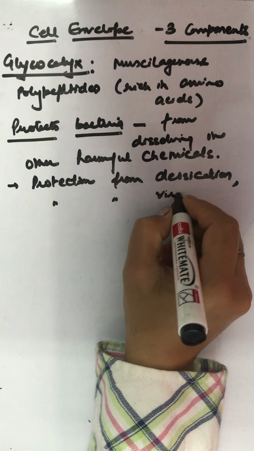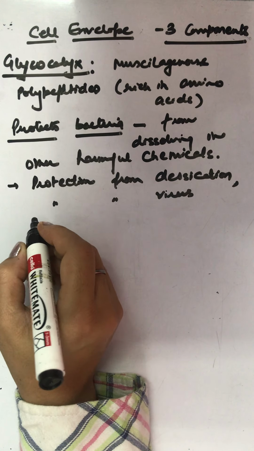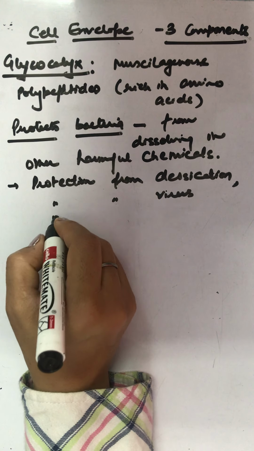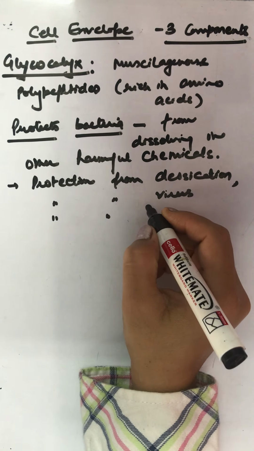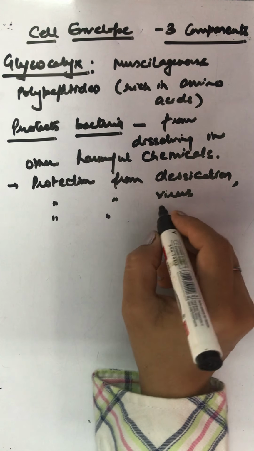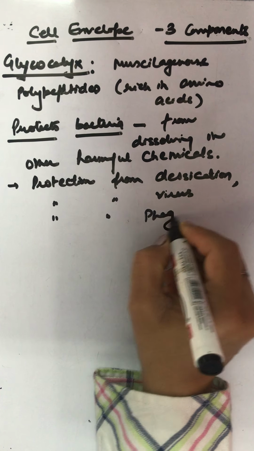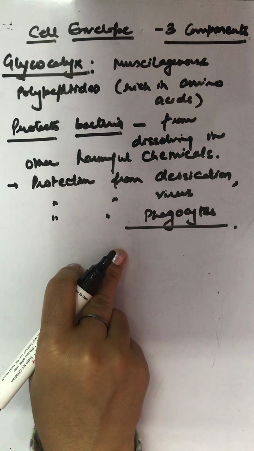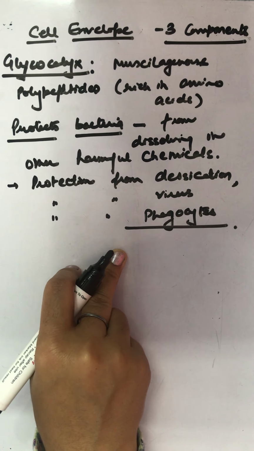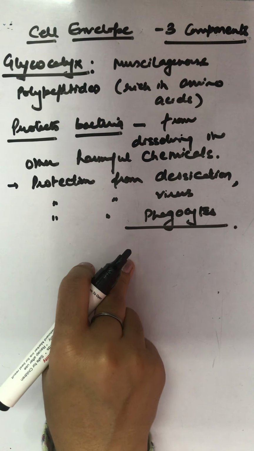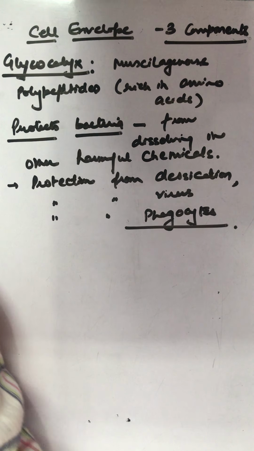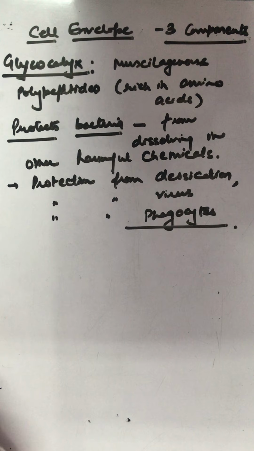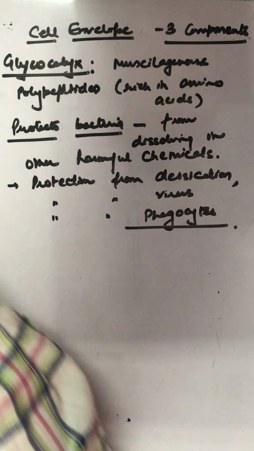This is the glycocalyx. It is sticky, which allows the bacteria to maintain its shape and not be lysed easily.